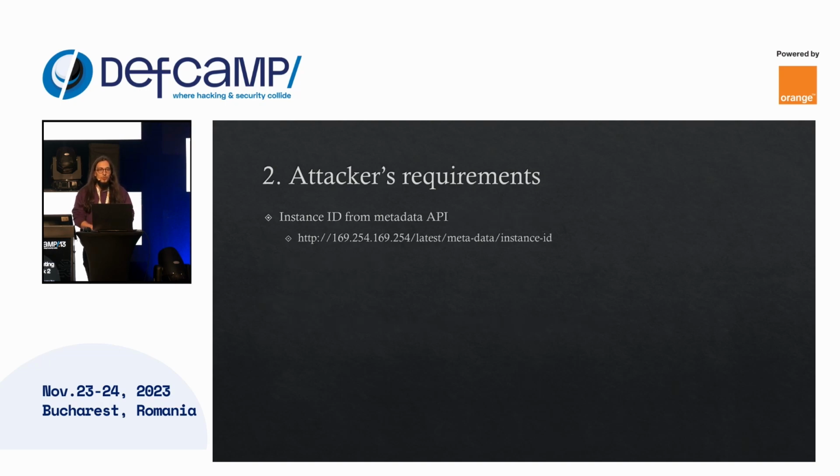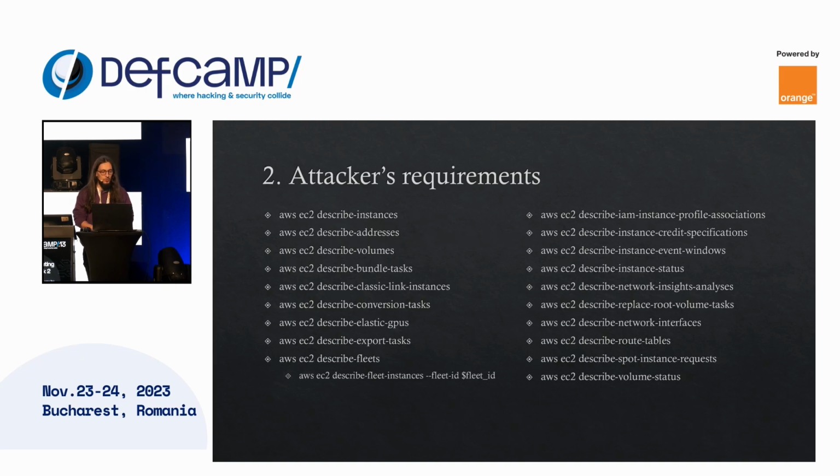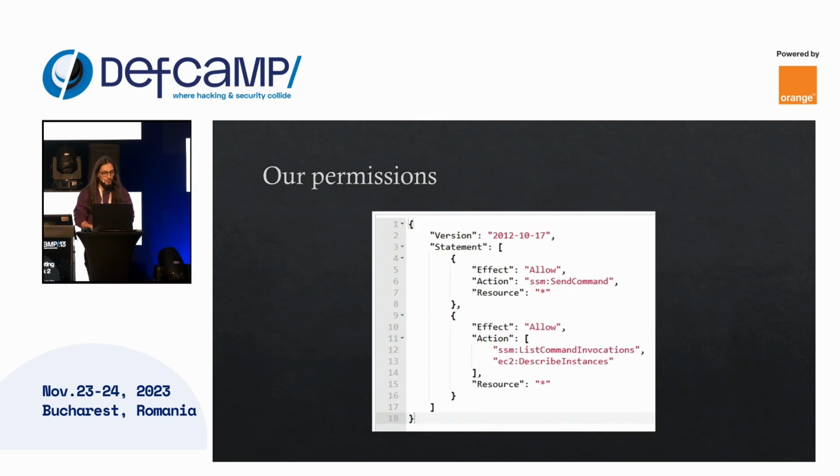Now, the instance ID, you can take it from the metadata API, if you can query it, right? But you can also get it from any of these AWS CLI commands. There might be more. These are all that I discovered.